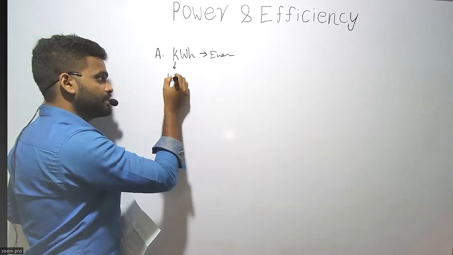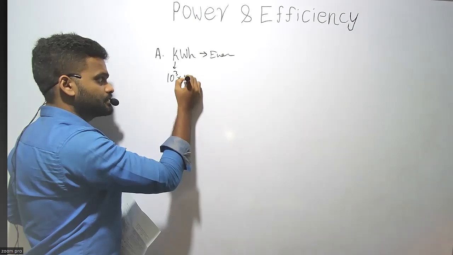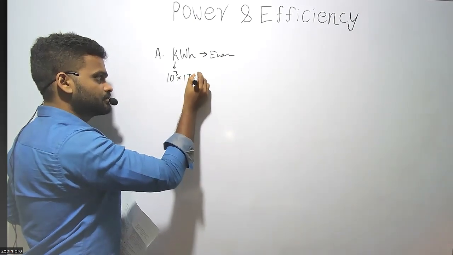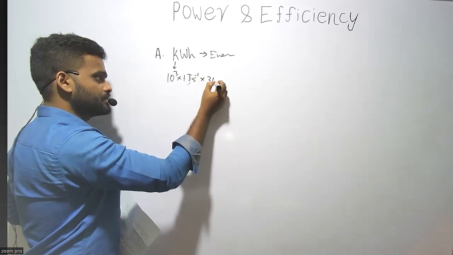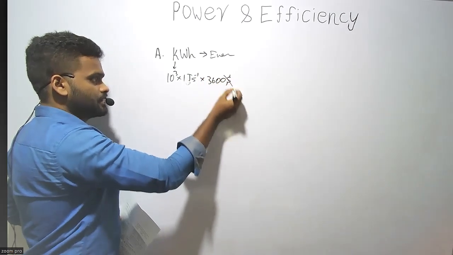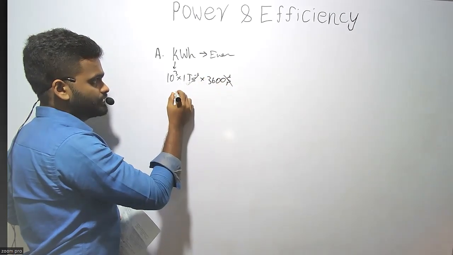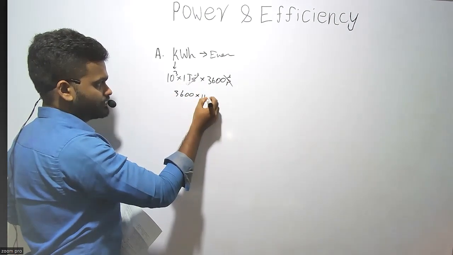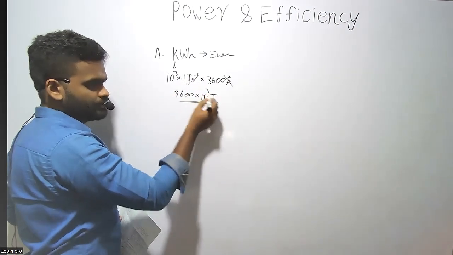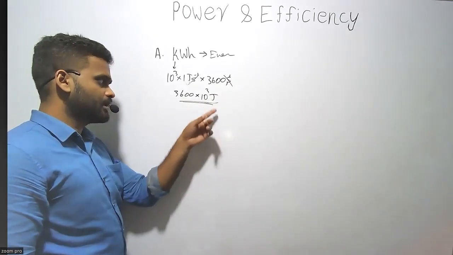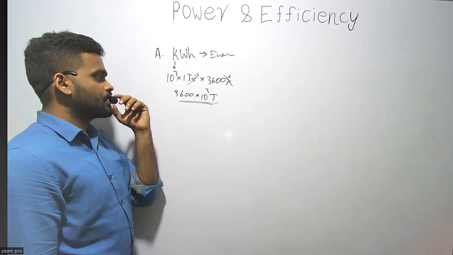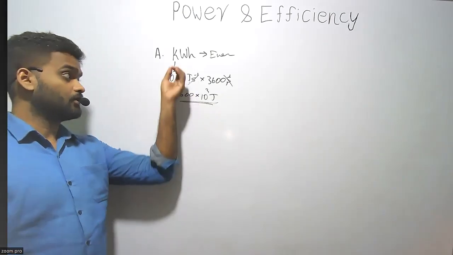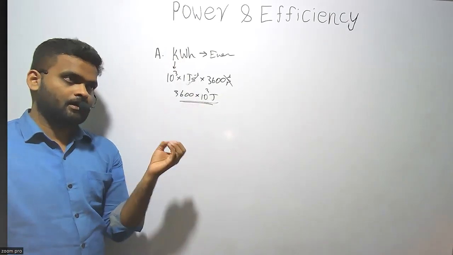So kilo means 10 to the power 3. Watt means 1 joule per second. Hour means 3600 seconds. So second per second cancels off. Then what do you get? 3600 times 10 to the power 3. Look at the unit. When you simplify the unit, it becomes joules, right? So this is a unit of energy. Kilowatt hours is a unit of energy.